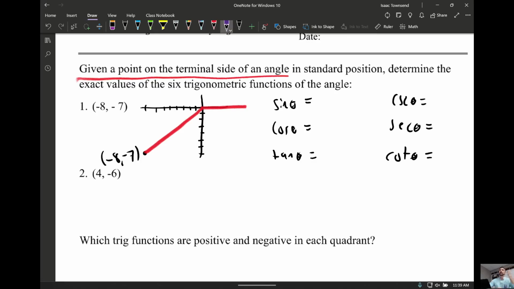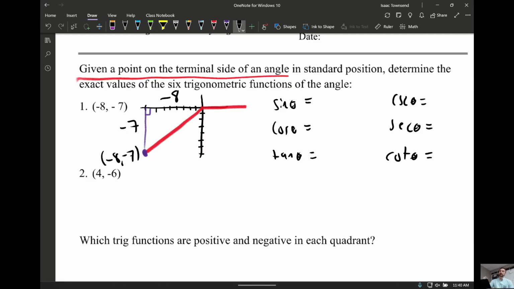And then the next thing that's going to be new is we're going to talk a lot about reference triangles in this section. And a reference triangle, you just take this point on the terminal side of your angle and draw to the x-axis, which gives you a right triangle. Always to the x-axis, never to the y-axis. And then we really know 2 of 3 lengths now. Because if to get to this point I went left 8 and down 7, I can label this as -8 and that as -7.